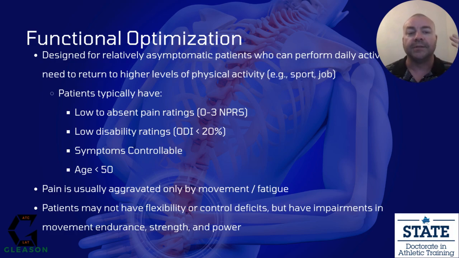So this patient has a low pain or absence of pain, 0 to 3. Their ODI is going to be under 20%, and then the symptoms are easily controllable. They can take some ibuprofen, or they can rest, or they can control it.